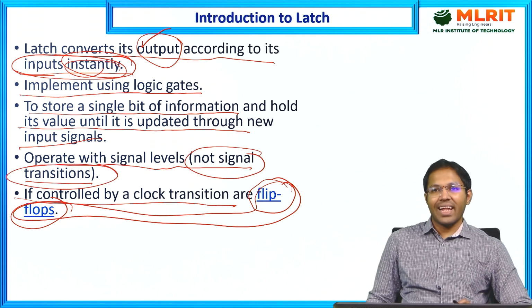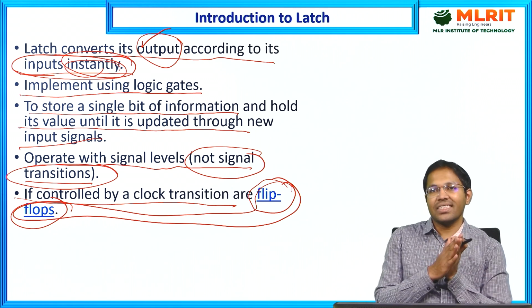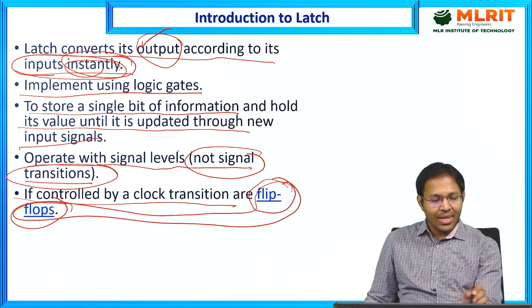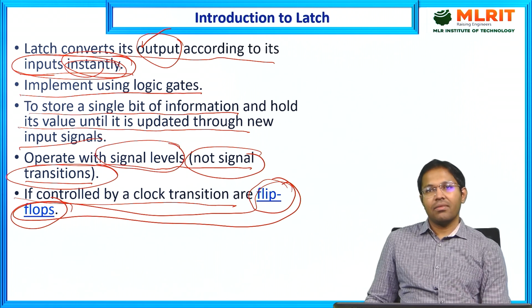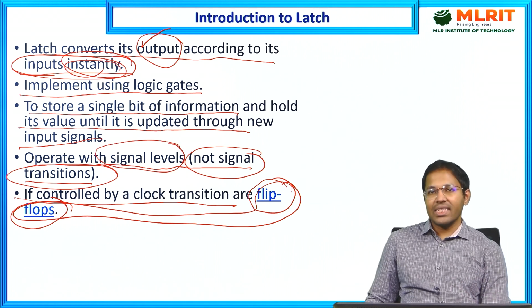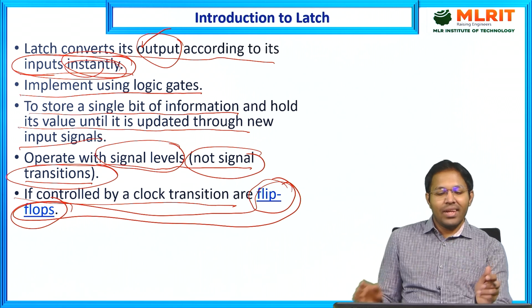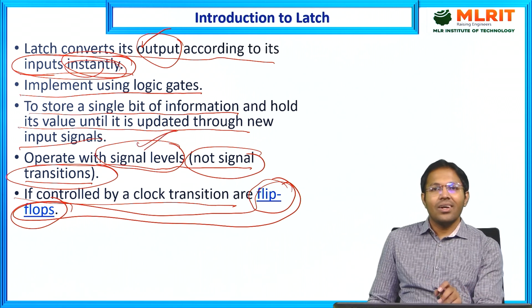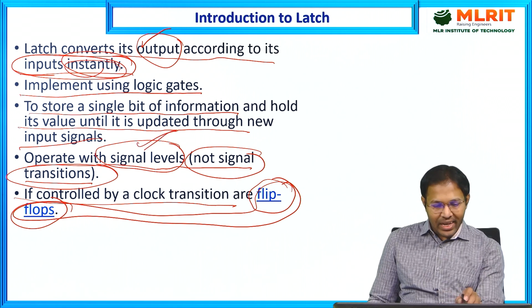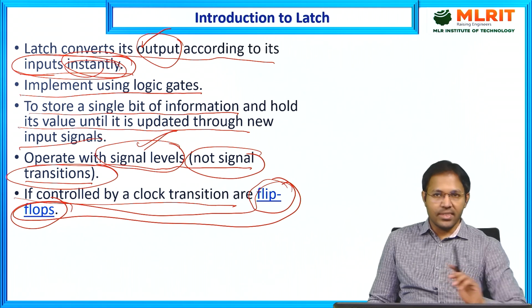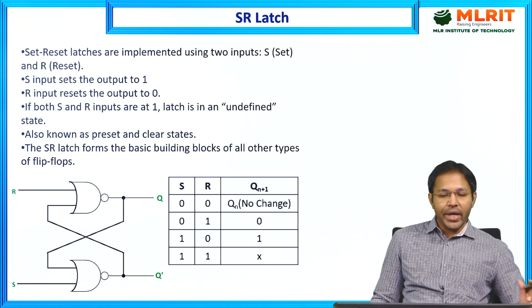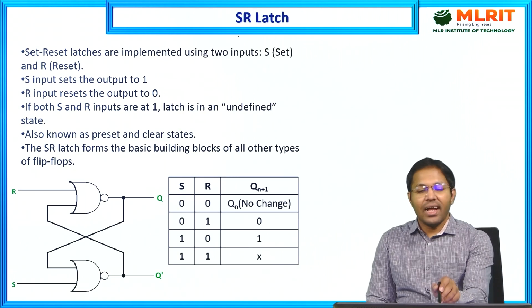When the clock transits, only then does the signal transition take place, whereas we call latches level triggered. We use the term level triggered for latches because whenever the input level changes, the output changes. Okay, so now SR latch.